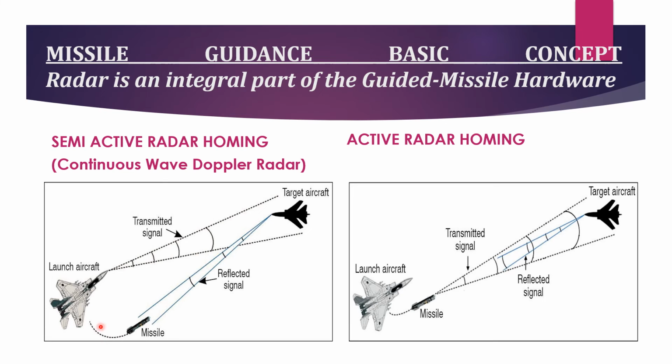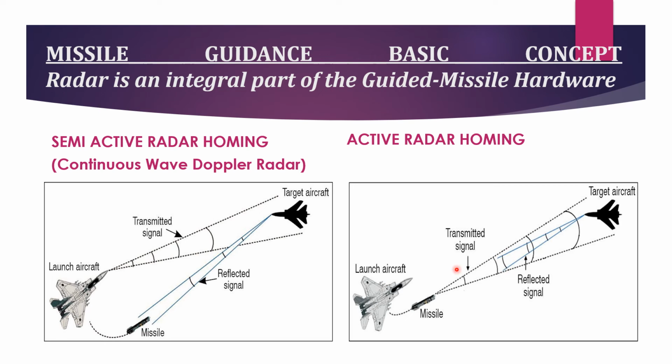Okay, so this missile will be able to follow this target aircraft. The launch aircraft illuminates the target aircraft, and a narrow beam is again transmitted toward it, and the missile will get the tracking information. So this is how the missile is guided towards the aircraft. This was semi-active radar homing, where the radiation is transmitted both by the launch aircraft and the missile.